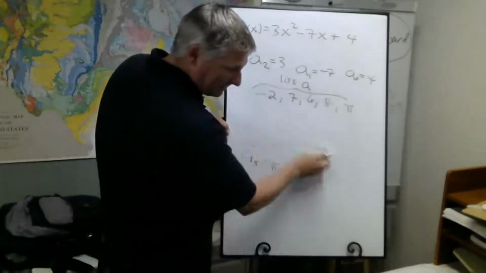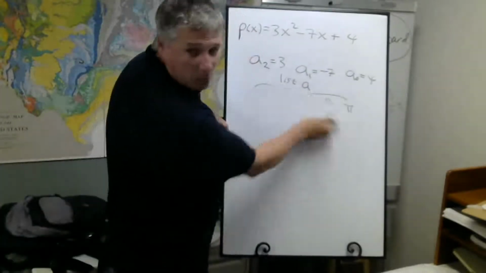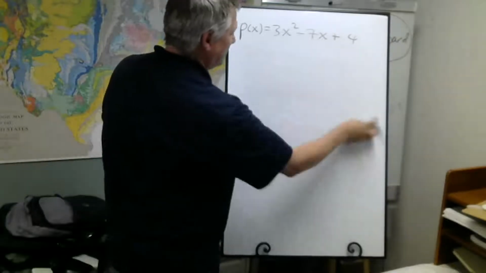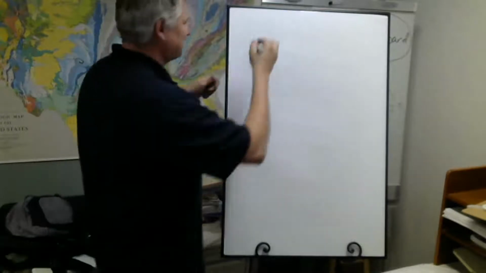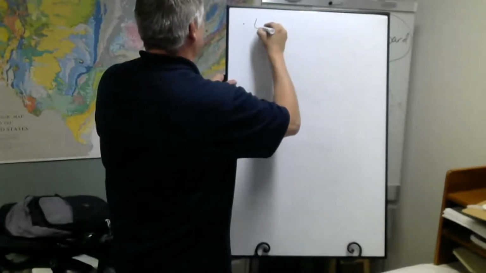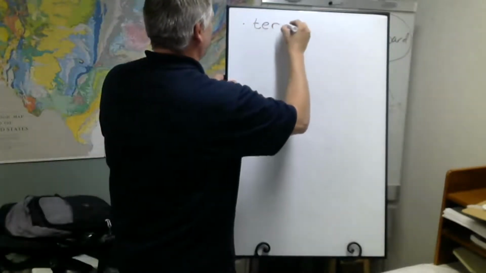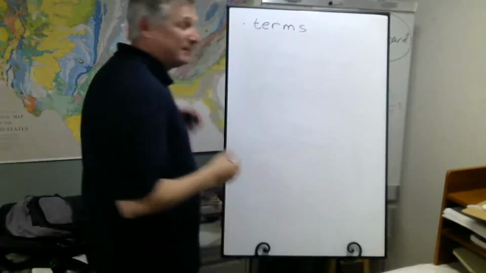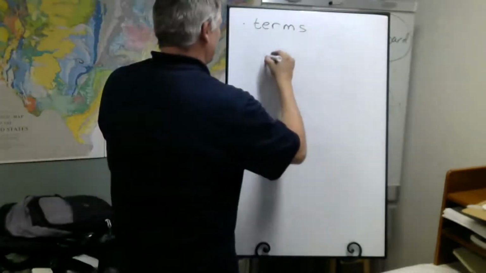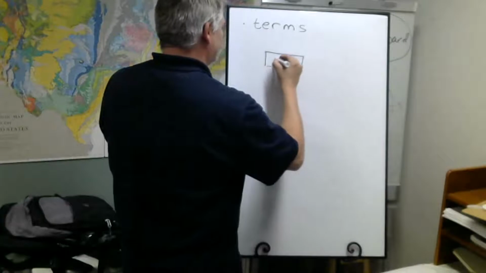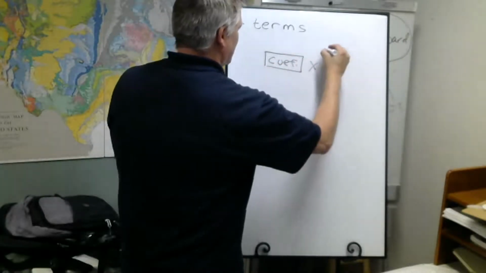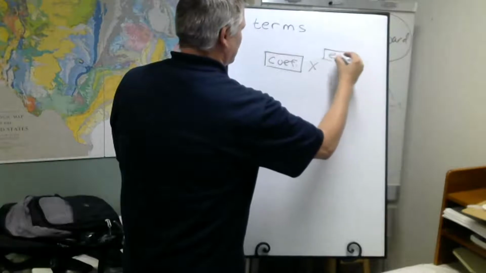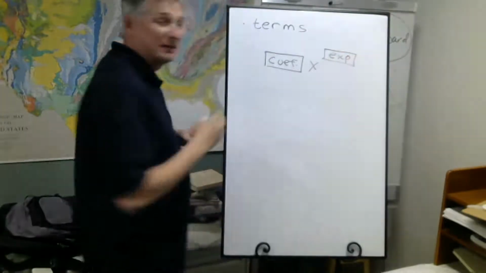So what we have with polynomials is they're made up of terms. Typically what's in a term is some coefficient in front and then some kind of exponent, like so.